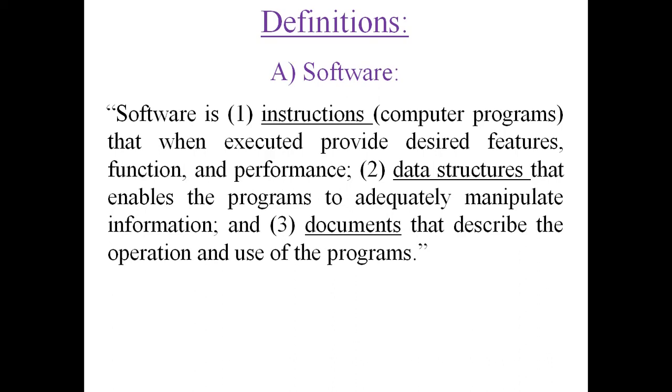Basically, software is nothing but the set of instructions, and it utilizes data structures and uses documents that describe its operation and use. This is the actual technical definition of software. So the main keywords here are instructions, data structures and documents.